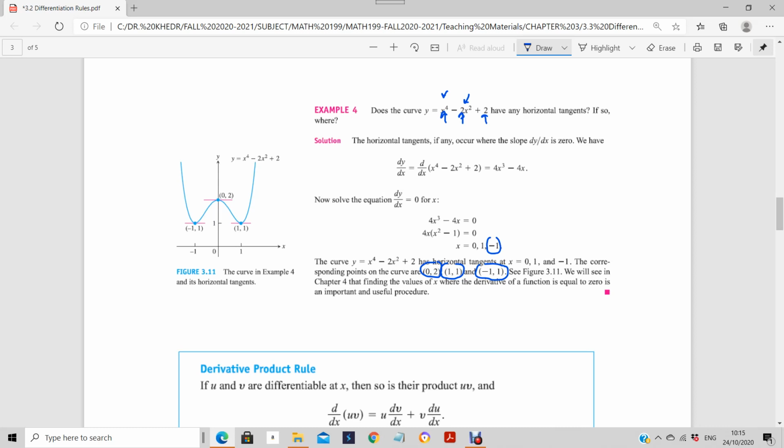Because their slope is 0, the derivative of the function at these 3 points is also equal to 0. Also, always try to correlate the slope of the tangent line to the derivative of the function.